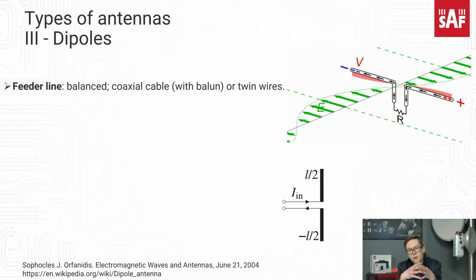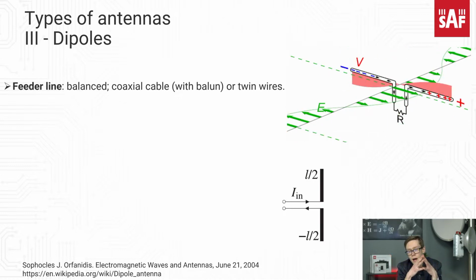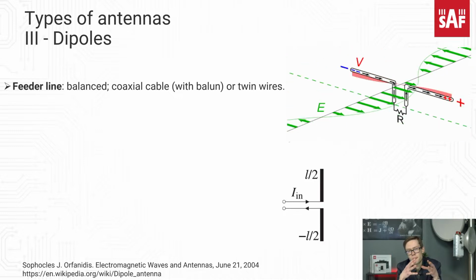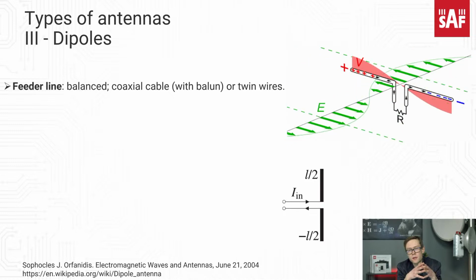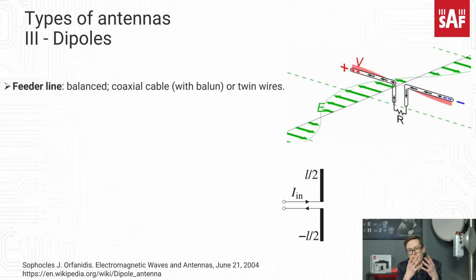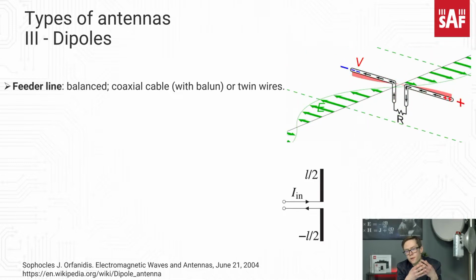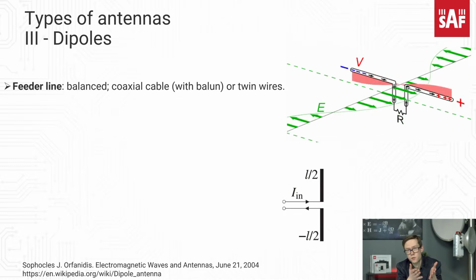So the impedances of the two conductors are unequal, and that makes the line unbalanced. An example of a balanced line, which has equal impedances of both conductors, is a twisted pair.